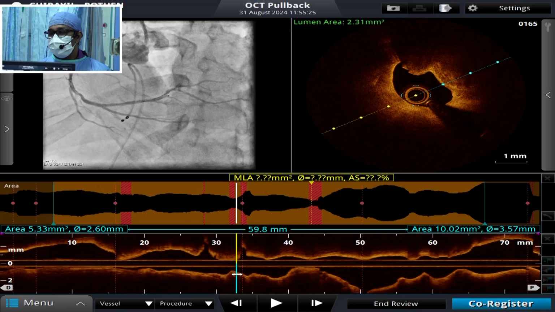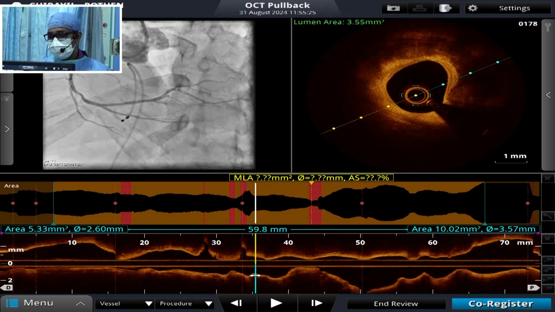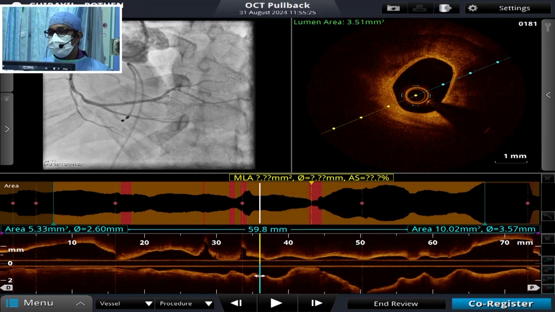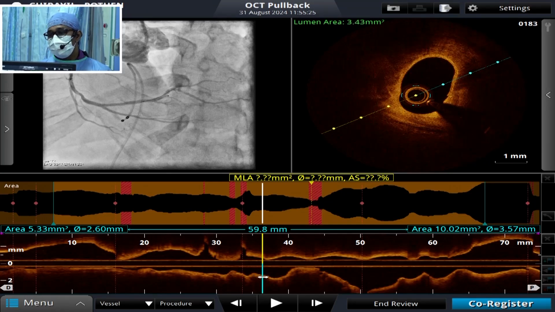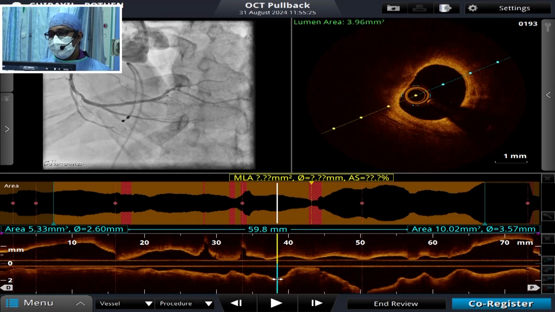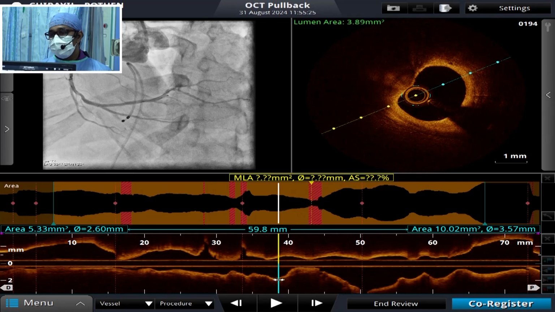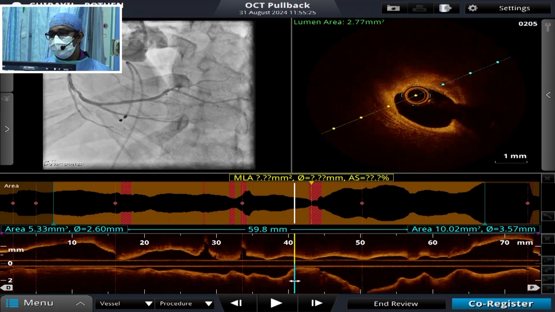It is a little bit away from the imaging catheter, but still we hope that the orbital should do something for that. Further proximally, there is thick calcification, almost a 270-degree arc. It's a thick calcium. More proximally, at 11 o'clock position there is a nodular protrusion very close to the imaging catheter.